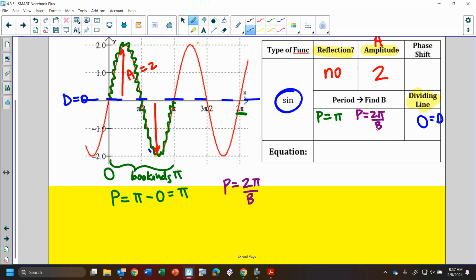What am I going to plug into that formula? Pi. Good. The pi is going to plug in, and I always plug my pi in for what the period is. It goes in on the P side. Cross multiply to solve that out.